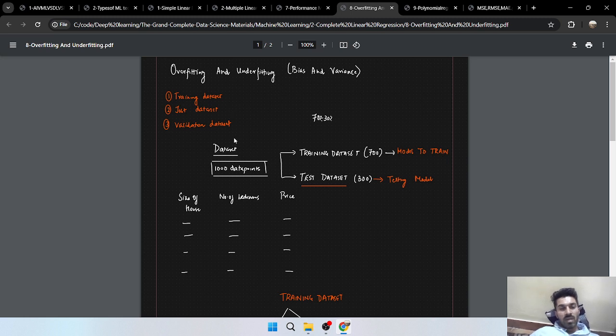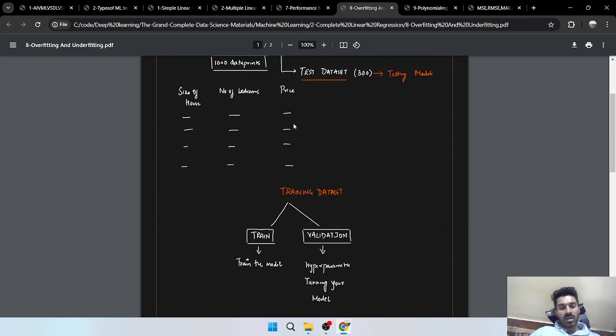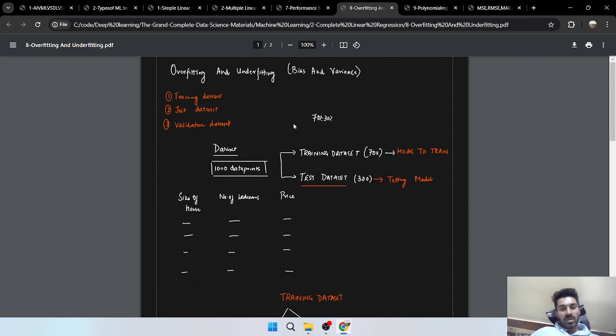Suppose you have created a model which touches every point, so you get 100% accuracy. At the time of testing, you will not get a good accuracy. So we say that is overfitting.